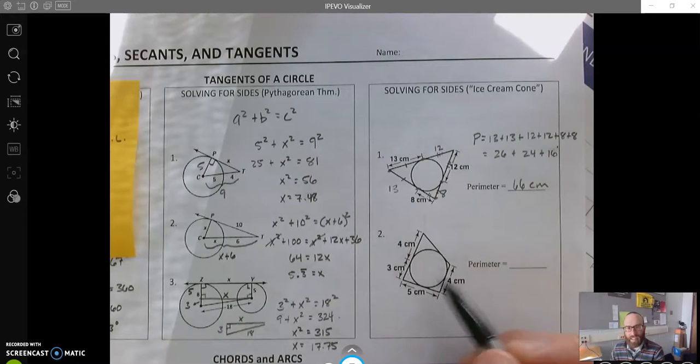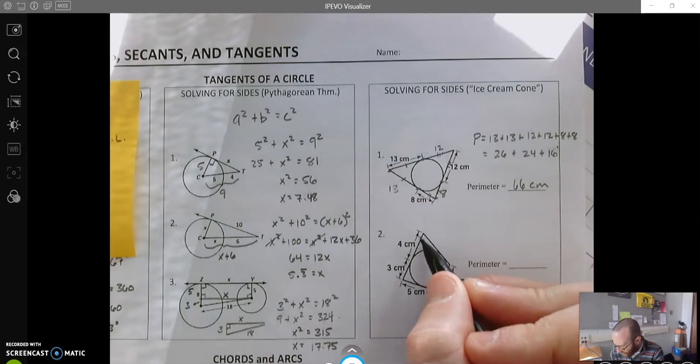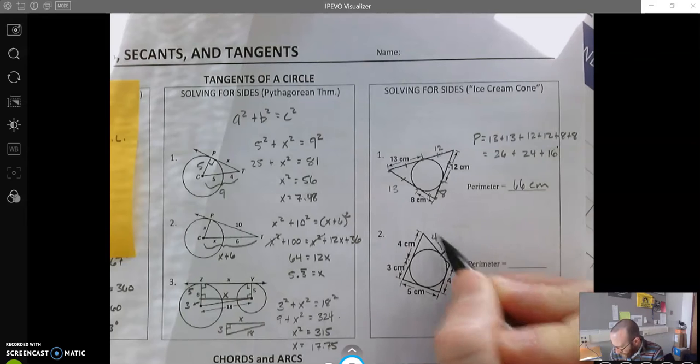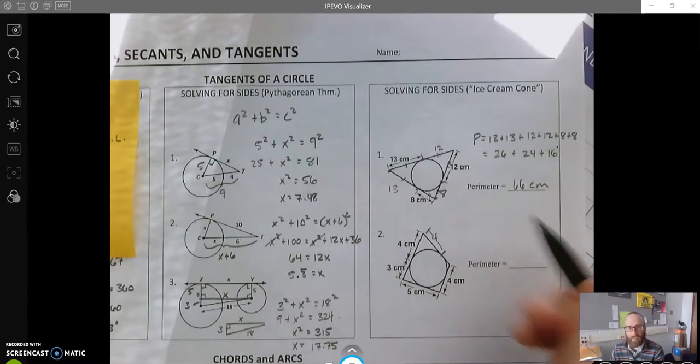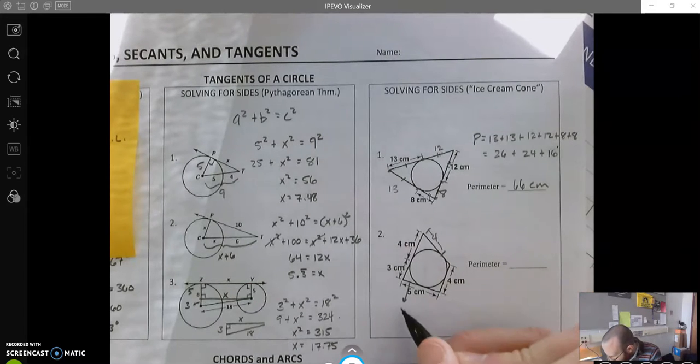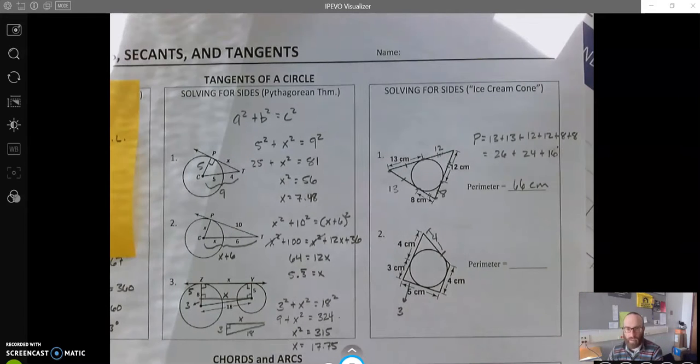The issue when you get down here is that sometimes they give us this whole side and not each part. But I can look at this. If this is 4, then it's 4 down to right there. If this is 3, then this part right here must also be 3.